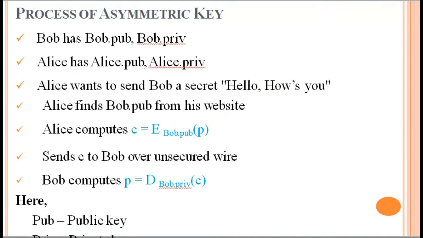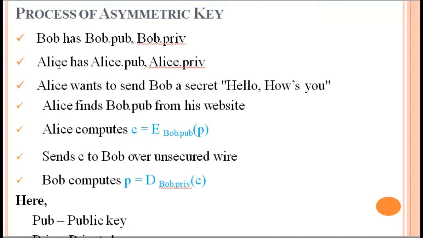Now what's the process followed by asymmetric communication? We already know in asymmetric key encryption there are two keys used by the sender and receiver. One is public and the other one is private. So suppose Bob and Alice want to communicate with each other. Then Bob has one public key and one private key.